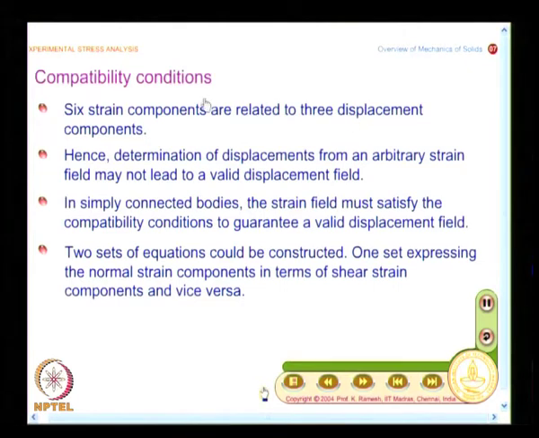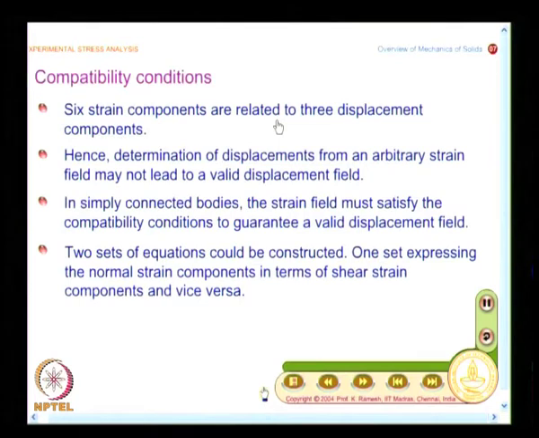From displacement to strain is a simpler exercise, but knowing the strain components and finding out displacement, you have to bring in the equations of compatibility. If you do not bring in equations of compatibility, you will not have deformation consistent with the loading applied.